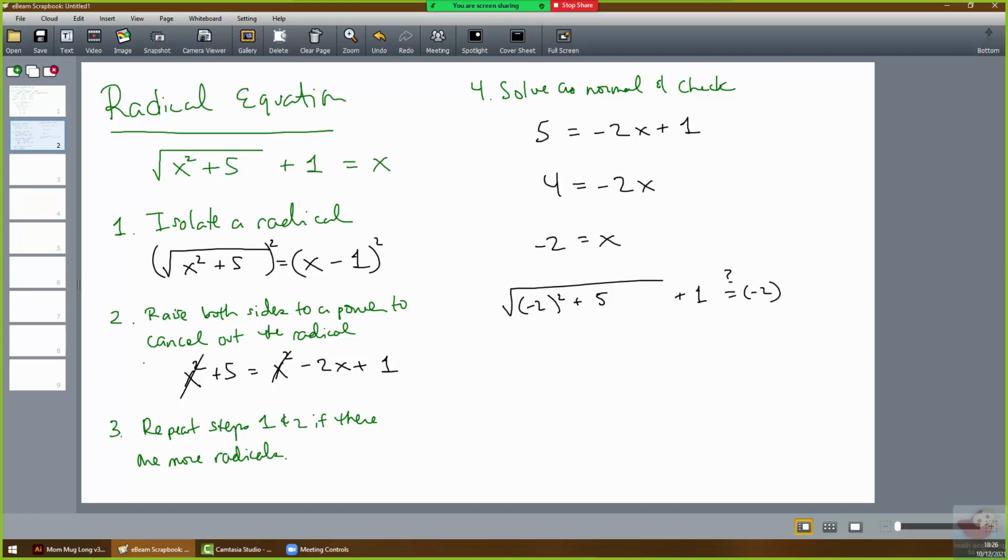So negative 2 quantity squared is 4, plus 5 is 9, square root of 9 is 3, plus 1, does that equal negative 2? Nope. So negative 2 is an extraneous solution, so we actually have no solution for this problem.